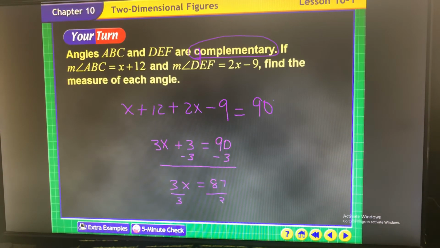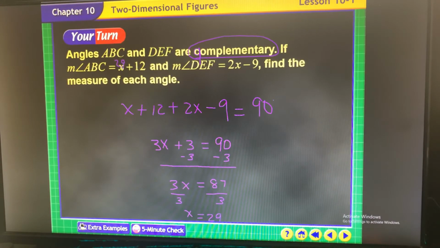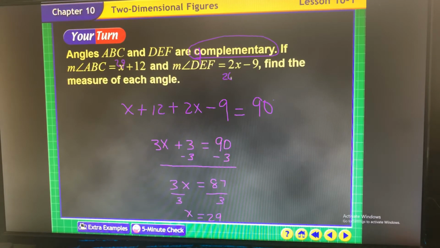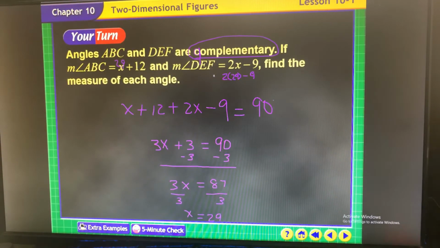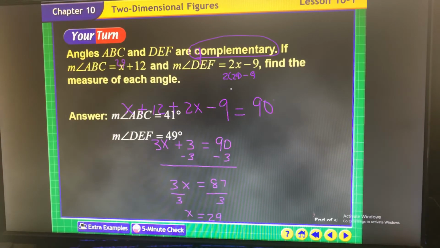But remember, that's not your answer. Now you need to take that 29 and substitute it up here and do 29 plus 12 to get this measurement. And here, 2 times 29 minus 9 to get the measurement of DEF. So there they both are. Together they make 90 degrees.